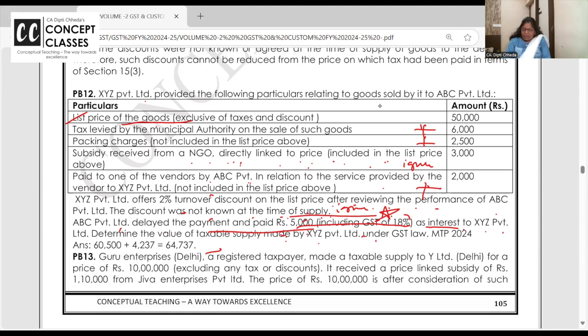Interest, late fees and all. But if it includes 18% tax, we have to take it excluding tax, because the list price is excluding tax. Then only will you determine the taxable value. This is a recent MTP question. CA, CMA, all I have taken care of. Nice questions are picked up for all of you. Oops, the 12th problem we are doing in the notebook.